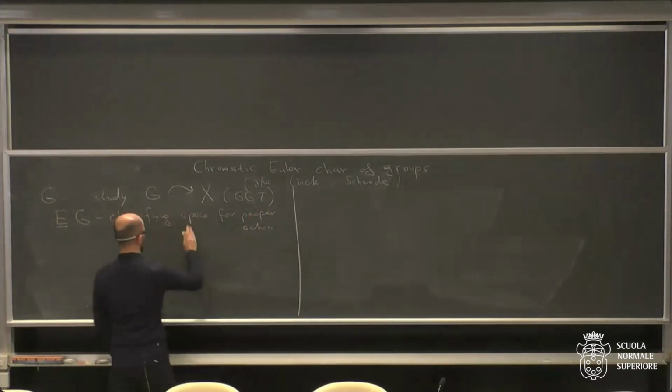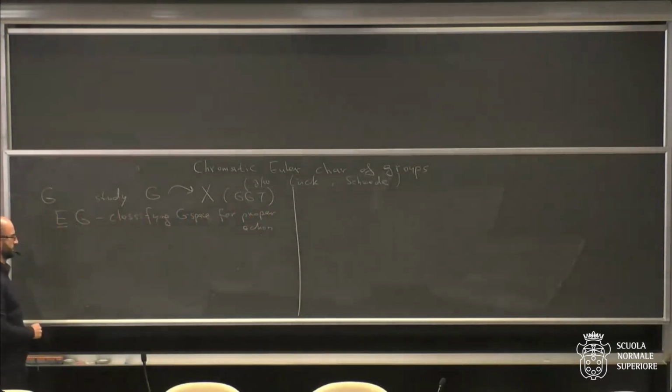Let's say classifying a G space because it has a G action. In a second, I will give you a semi-formal definition of this, but then I will argue why it is an interesting space, because a lot of examples are actually these E under bar Gs. So what is this E under bar G?